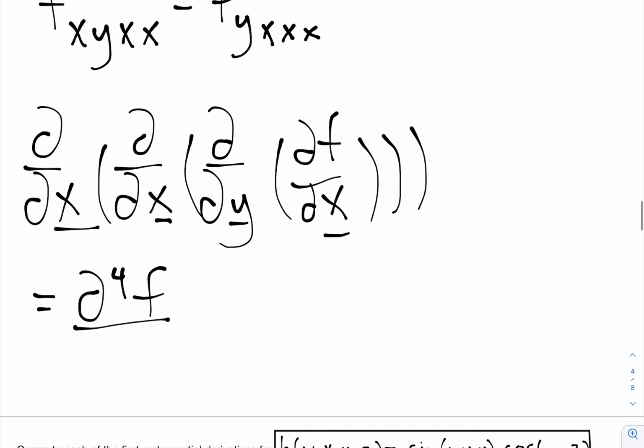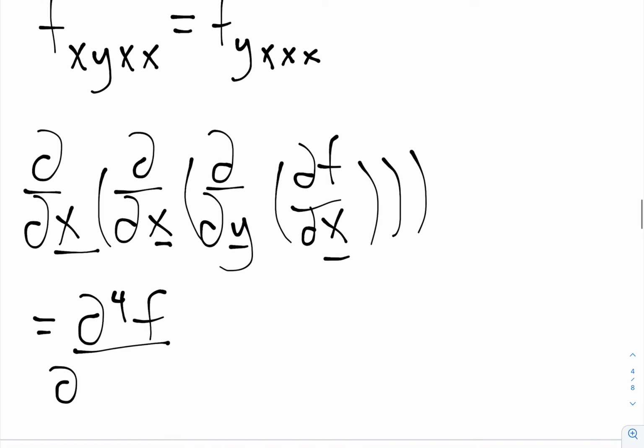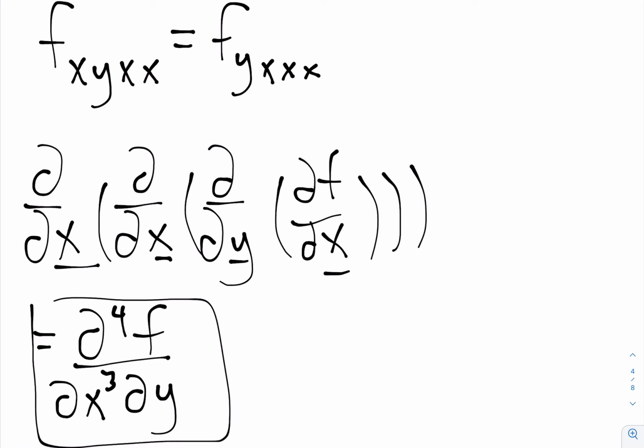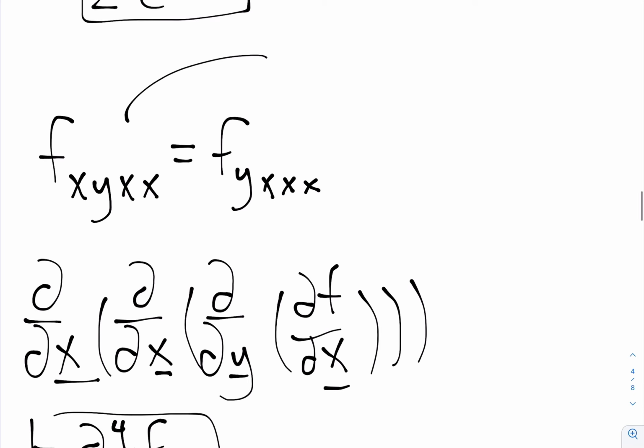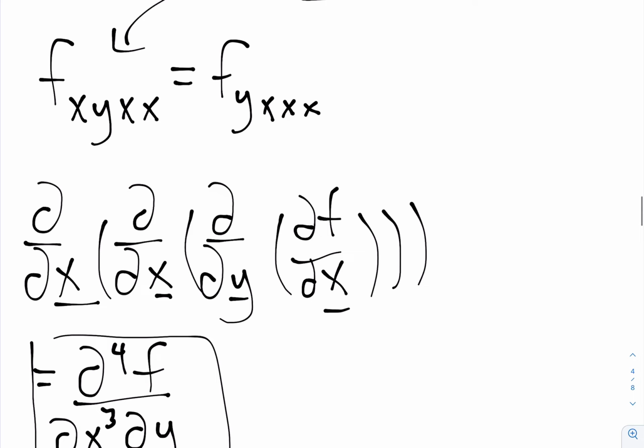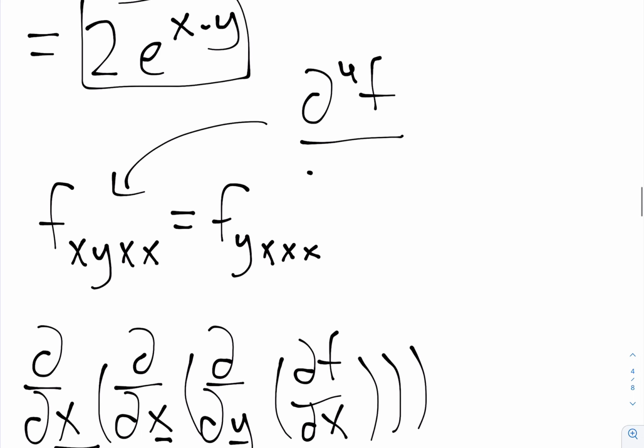So it would be partial x cubed, and then partial y to the first. Okay, so this is another way to write it. It's not as intuitively obvious. It looks kind of messy and long and weird. But I'll just write up here, we found this was partial to the fourth of f, partial x cubed, partial y.